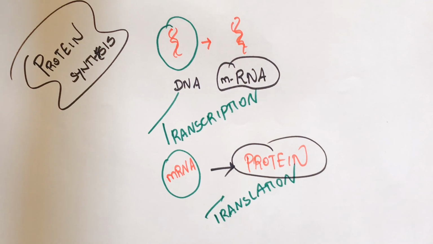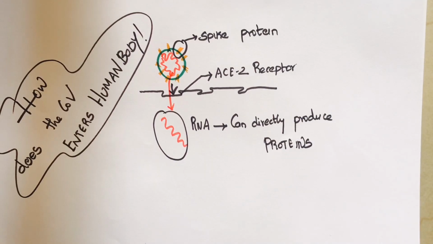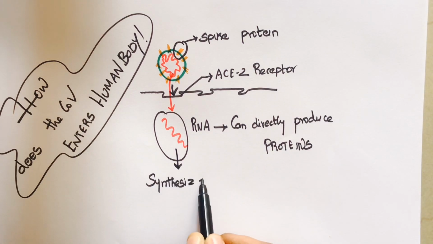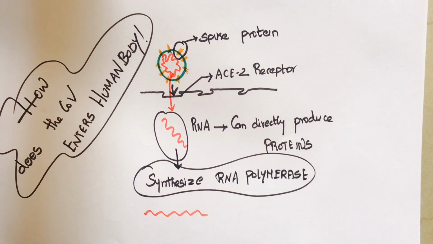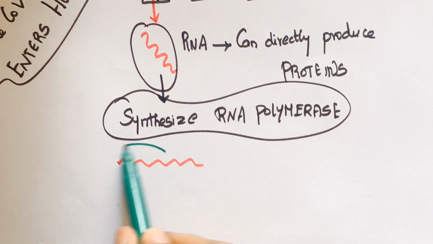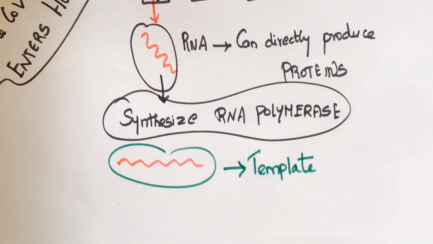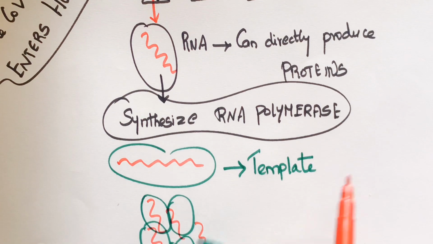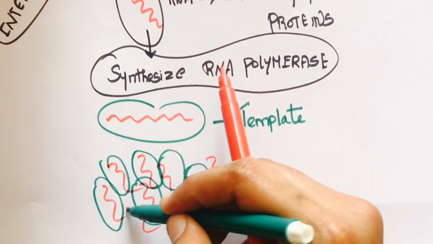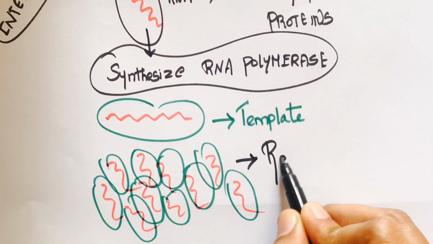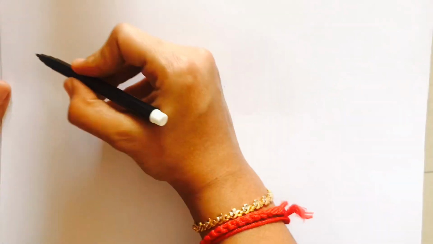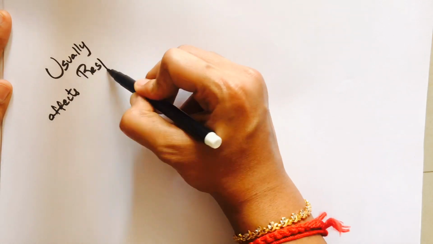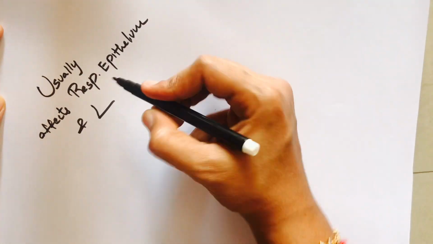Whereas the coronavirus is already composed of single-stranded RNA, which enables direct protein synthesis. So this produces RNA polymerase, which acts as a template which helps in the formation of numerous coronaviruses. This replicated virus is secreted into the extracellular space.